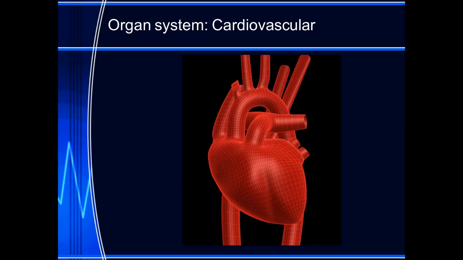Cardio, most of you are familiar with because we refer to the word cardio as heart, and vascular are all the vessels coming from the heart, the large ones, to the smaller and smaller ones, which include the arteries, the veins, the arterioles, the venules. And when we get to that particular unit, you will be learning not only the types of vessels, but where they're located and their names.